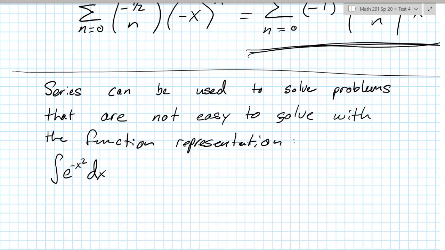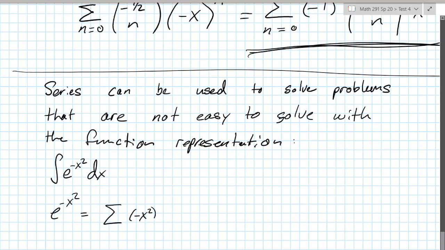So this function, the integral of e to the negative x squared dx, we couldn't do it using any of the techniques that we know, but if we know that e to the negative x squared can be written as a series, then we could write this as the sum of, now instead of e to the x, we have e to the negative x squared, so we're going to replace our x with a negative x squared.